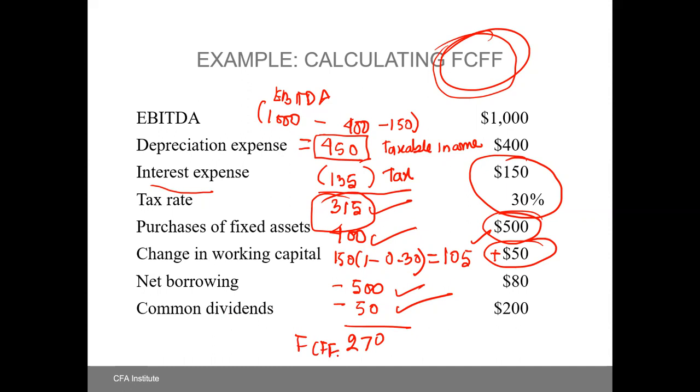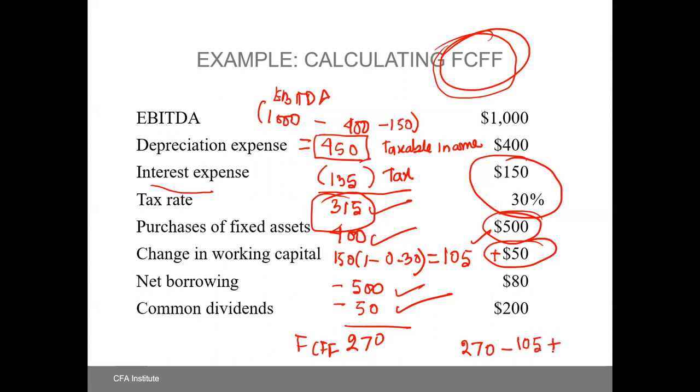Now, can you tell me, is it possible to get the calculation for free cash flow to the equity from the same information? Let me try. We have the free cash flow to the firm, 270. I'm subtracting after-tax interest expense, that is 105.